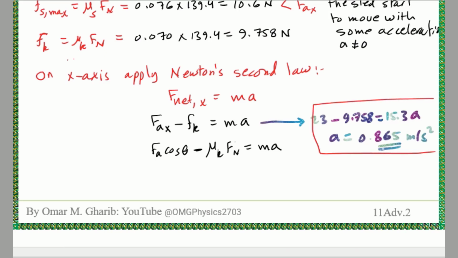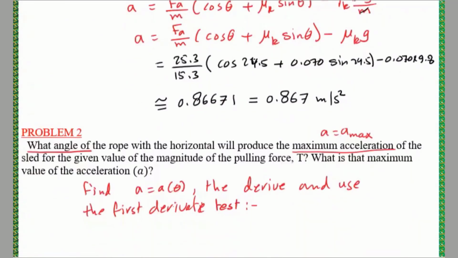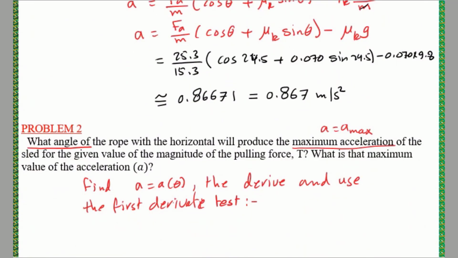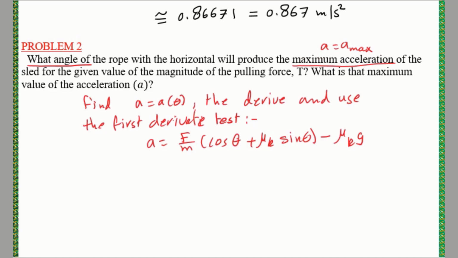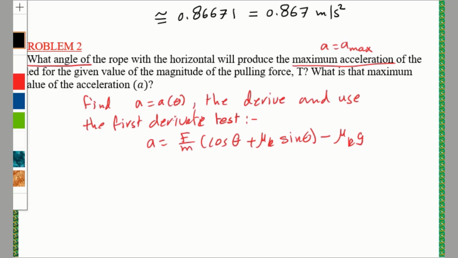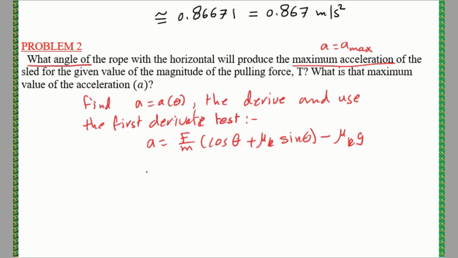So I have the acceleration as a function of theta. It is A equals F over m cosine theta plus mu k sine theta minus mu k times g. Now let us take the derivative of A with respect to theta, dA by d theta equals F over m. It is a constant, it is not a function of theta.